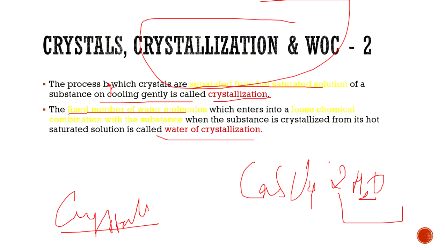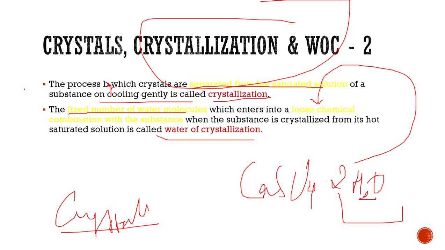This happens only when substances crystallize from a hot saturated solution. This phenomenon, where a fixed number of water molecules enter into a loose chemical combination during crystallization of a substance from a hot saturated solution, is called water of crystallization.